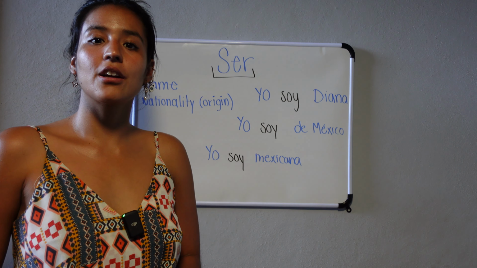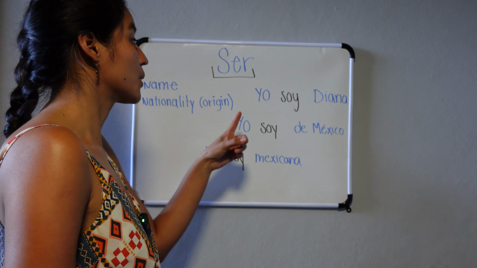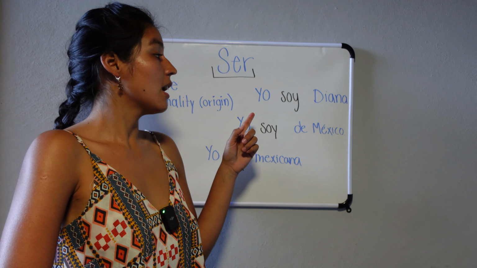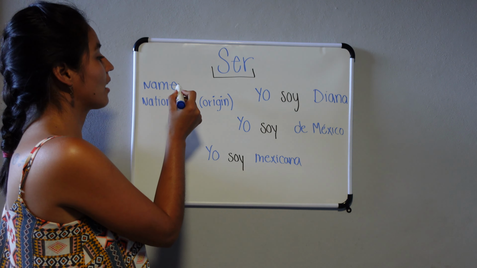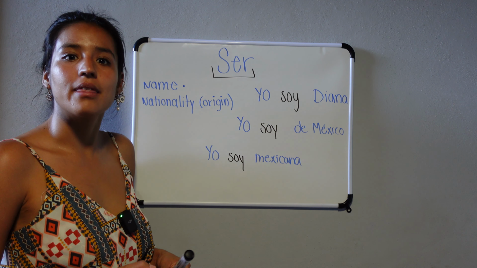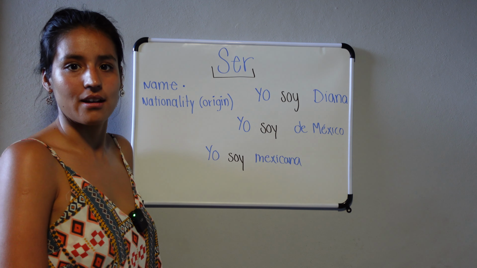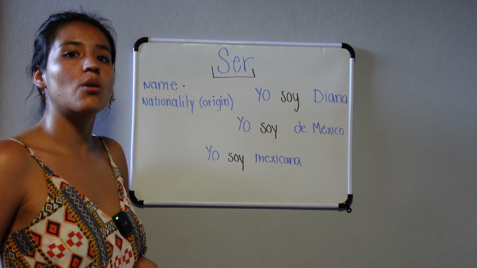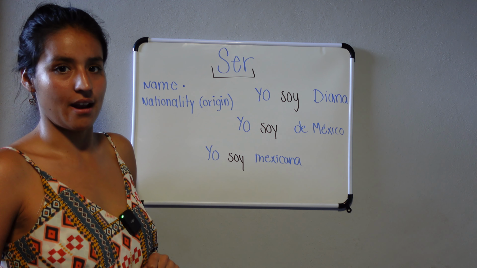Okay, we have in here the first three examples. We're gonna work with the pronoun I, okay, yo. And first, when we're gonna say our name, I am Diana. Yo soy Diana. Okay, that's the correct way to say I am Diana.